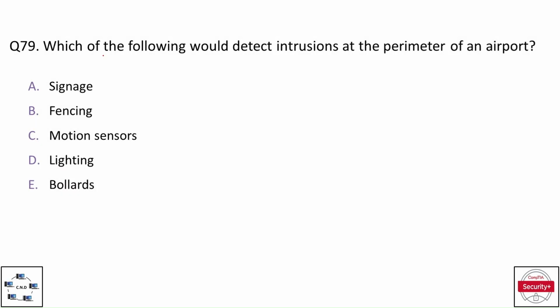Question number 79. Which of the following would detect intrusions at the perimeter of an airport? And the options are option A, signage, option B, fencing, option C, motion sensors, option D, lighting, and option E, bollards. And the correct option is option C, motion sensors.